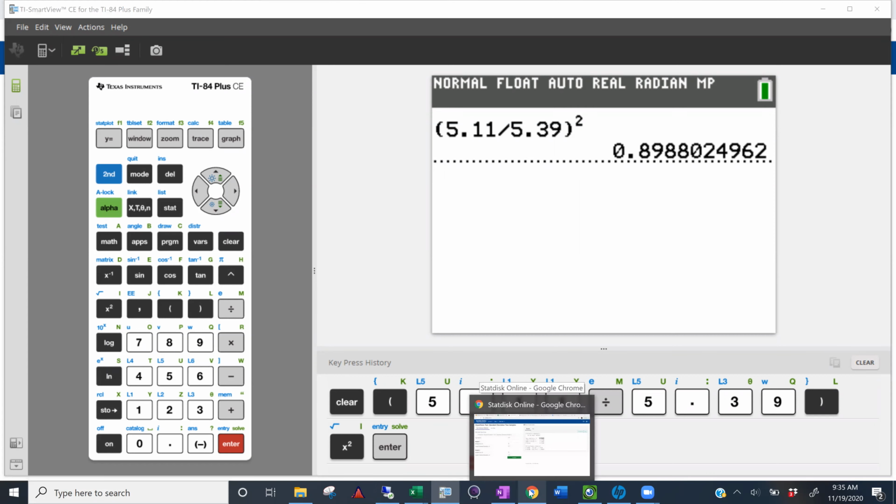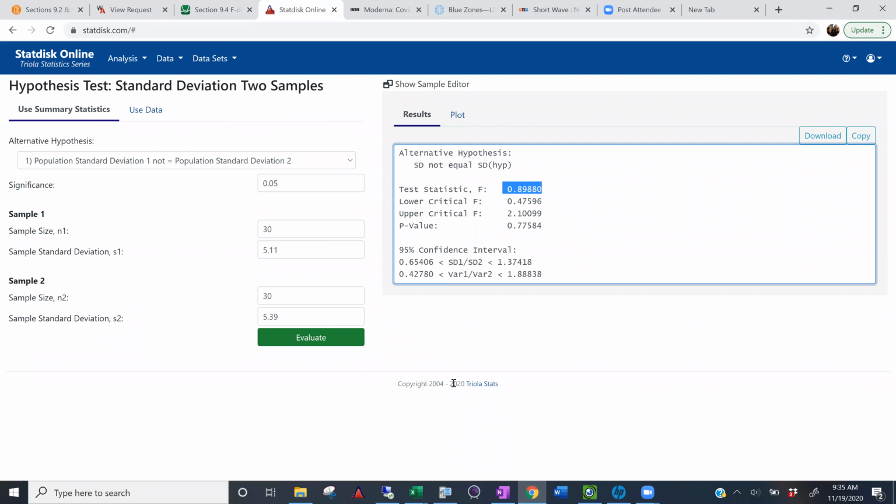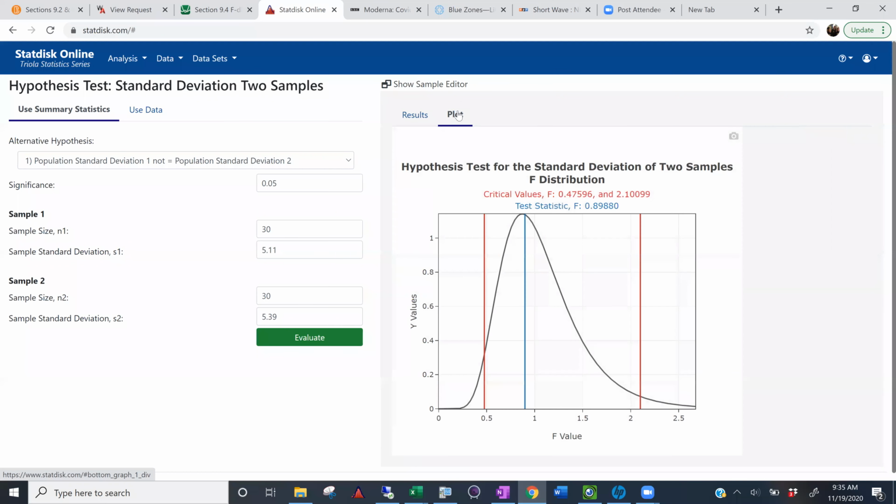Well, we usually don't base our conclusions off the F statistic. You could. In fact, StatDisk makes it pretty easy. If you fall between the red lines, that's the fail to reject region. If you fall outside of it, then that's the reject region. So the critical values are the points that separate the rejection region from the fail to reject region.